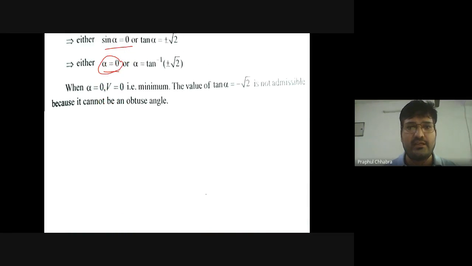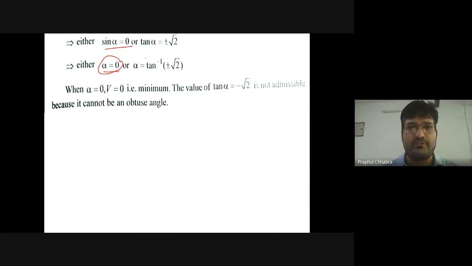So when we calculate this by applying trigonometry identity, we will obtain tan square alpha is equal to 2, that is, tan alpha is equal to plus minus under root 2. So if sin alpha is 0, then alpha will be 0. And if tan alpha is equal to plus minus under root 2, alpha will be tan inverse plus minus under root 2.